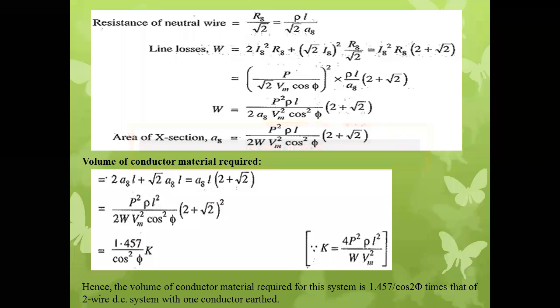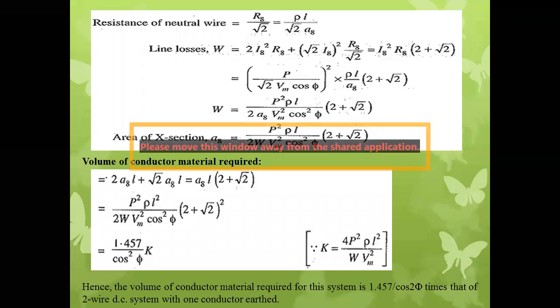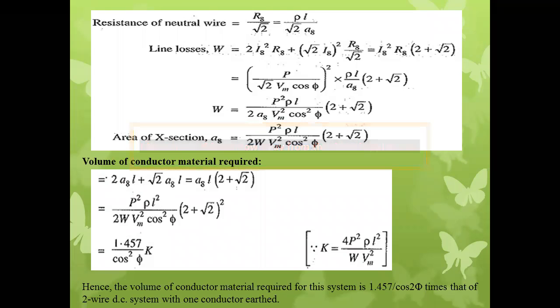Means 4 plus, yes, find out. 2 plus root 2 whole square. 11.65. Yes, 11.65. Whole means by dividing by 2.